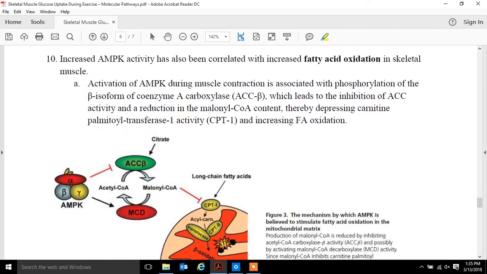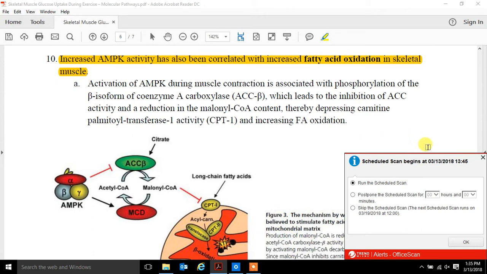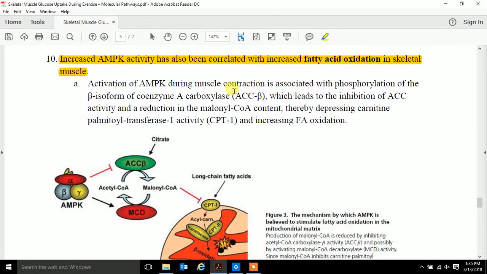Since we're here, I'm also going to just make a small note about how AMPK activity also has been correlated with increased fatty acid oxidation in skeletal muscle. I'm not going to highlight point A because this just kind of gets into the various details of this actual pathway.